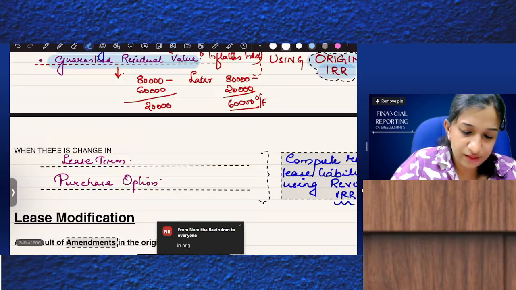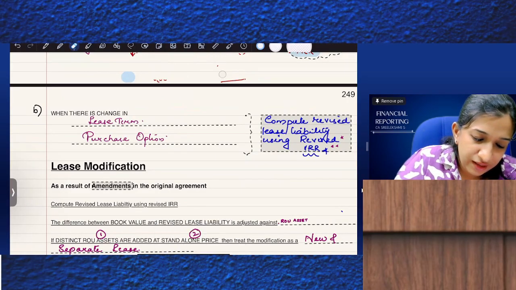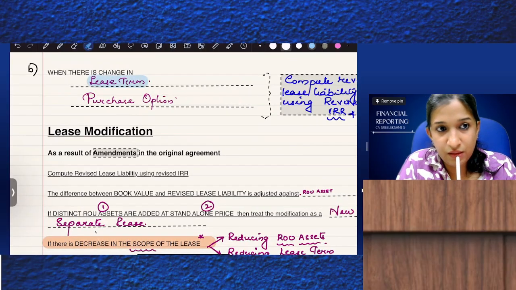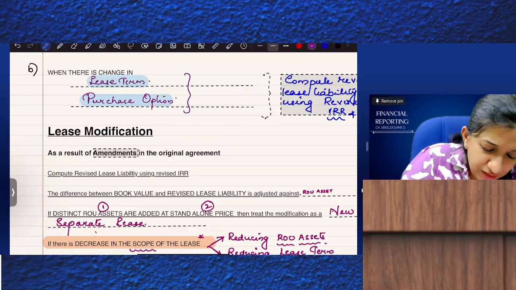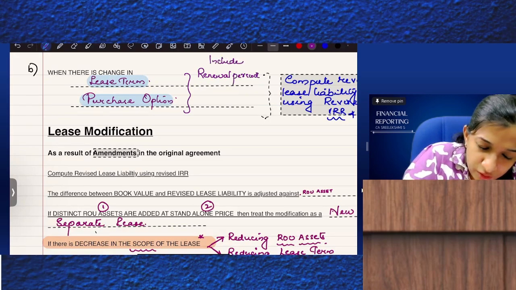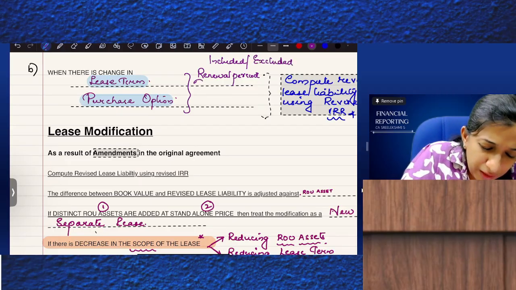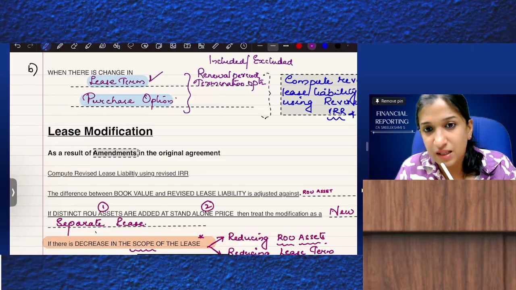Okay. Now, when there is a change in the lease term or a change in the purchase option, maybe you included or excluded the renewal period, or maybe you included or excluded a termination option, which will have some impact on the lease term.